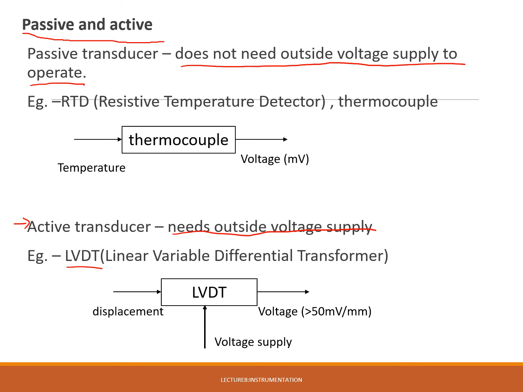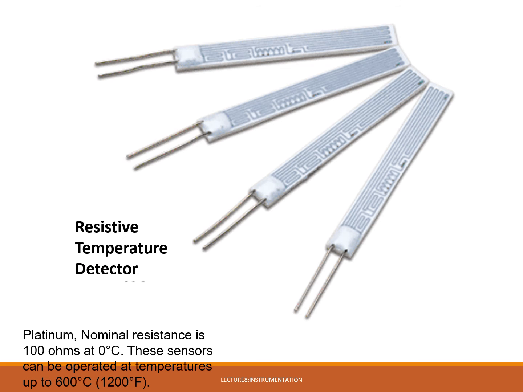In order to measure displacement, we need to give a voltage or current to the LVDT. Then only will the LVDT be able to measure displacement and provide an output voltage representing the displacement. Without an external power supply, the LVDT will not function. It cannot do the measurement. That is the difference between passive and active transducers.